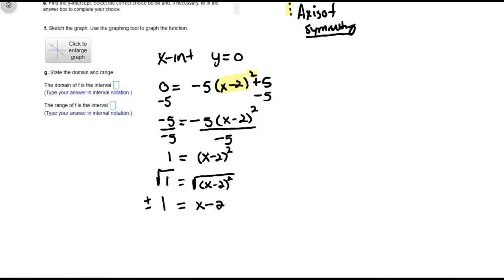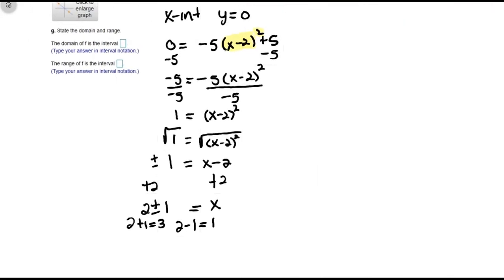Then I want to add 2 to both sides. That's going to give me x equals 2 plus or minus 1. 2 plus 1 gives me 3, and 2 minus 1 gives me 1. So those are my x-intercepts: x equals 3 and x equals 1.